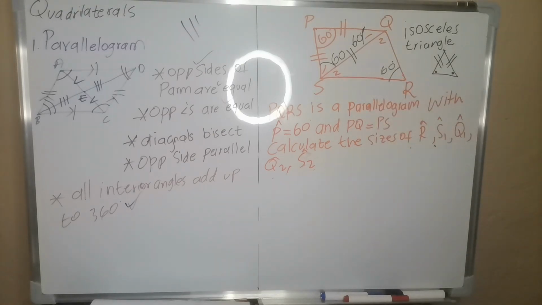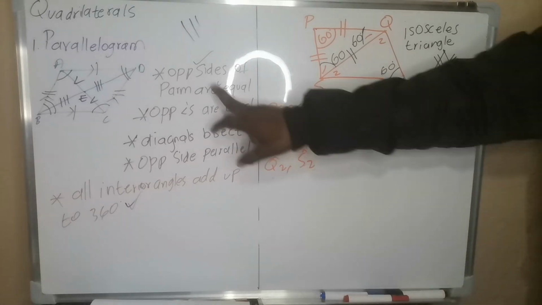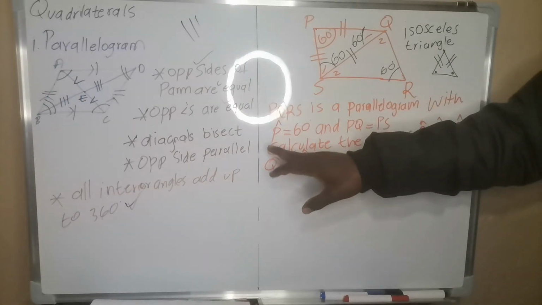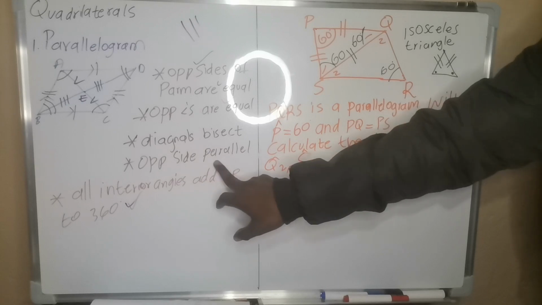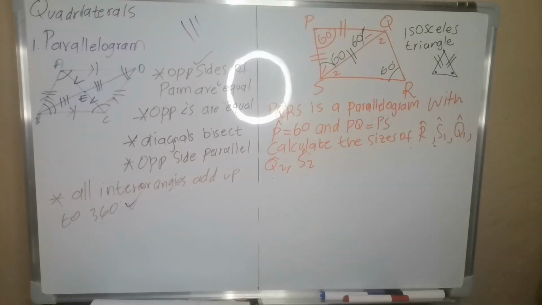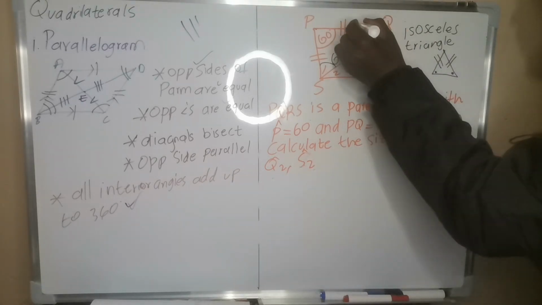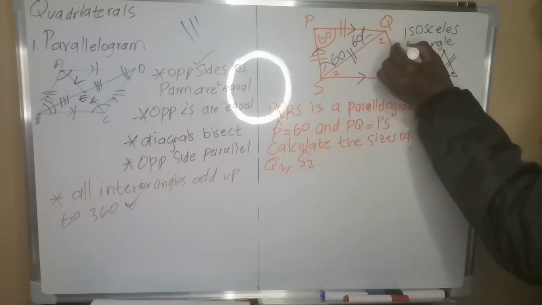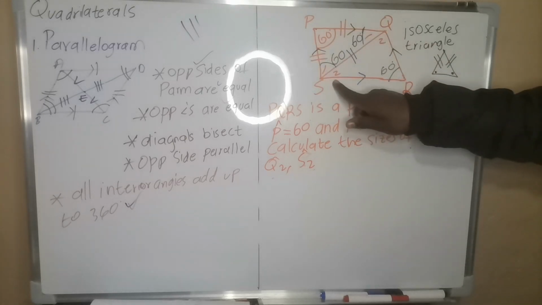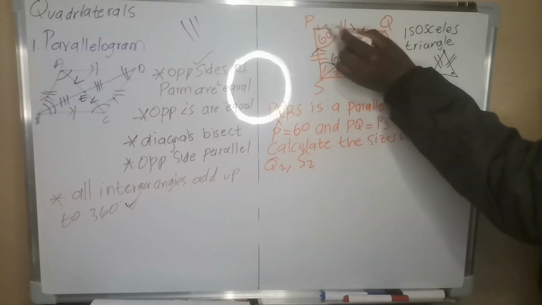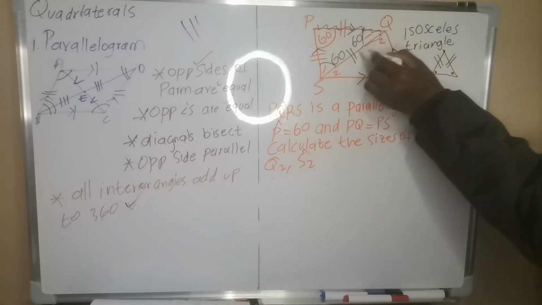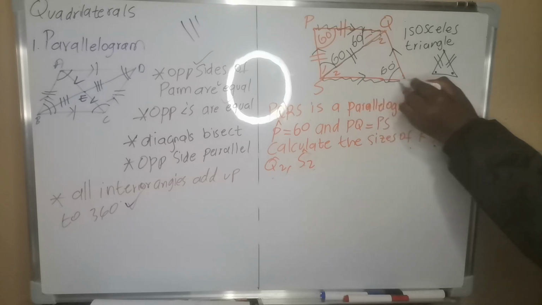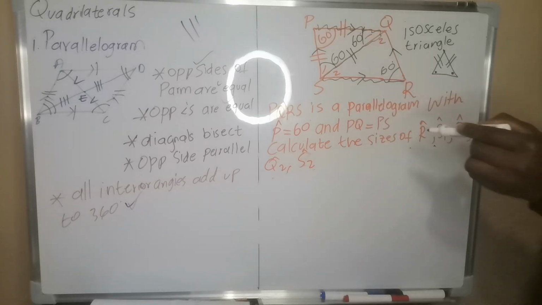Remember, the opposite sides of a parallelogram are parallel. This side is parallel to this one, and this one again is parallel to this one. So to find S2, I can see there's a Z here, alternating angles.